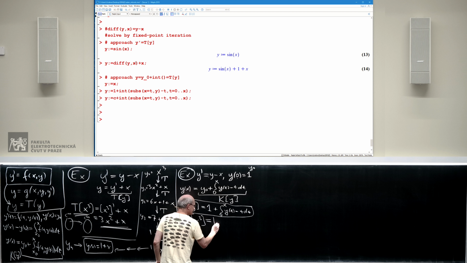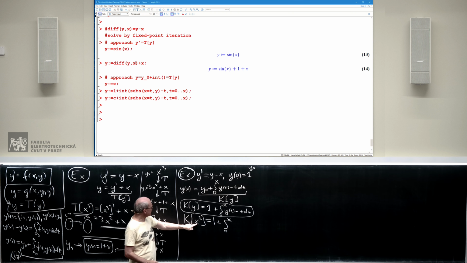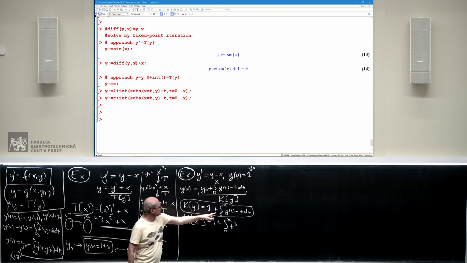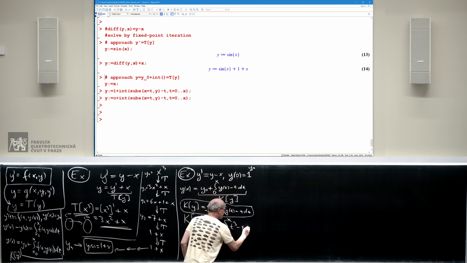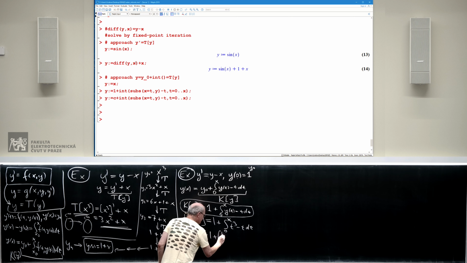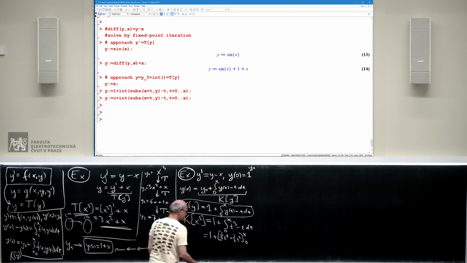Well, it starts with 1, and now we should integrate from 0 to x this function, but with the variable t cubed minus t dt. How much is it? Well, 1 plus, now we take the antiderivative, 1 over 4 t to the power 4 minus 1/2 t squared from 0 to x.